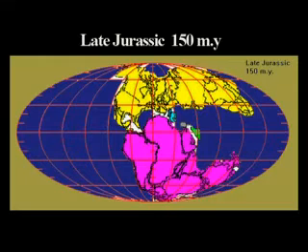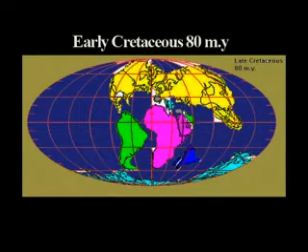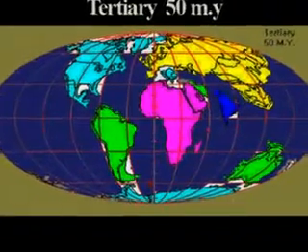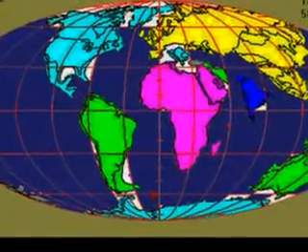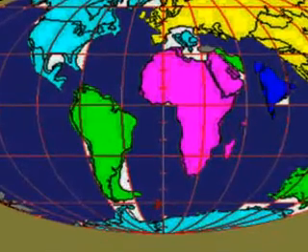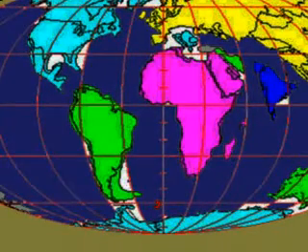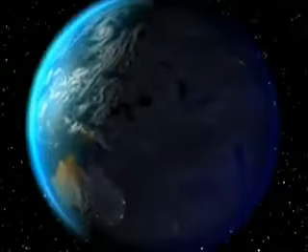All the continents were seen together, and they began separating from one another in different directions during the late Cretaceous period, and during the Tertiary period you can see that India has moved far away from Africa or Madagascar, and the Atlantic is opening here, and the Pacific shrank into a smaller ocean.